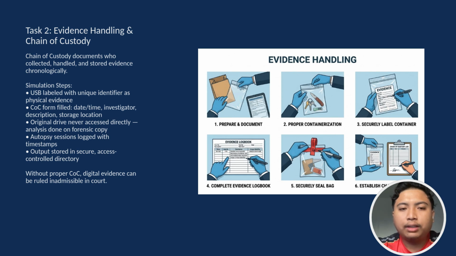A chain of custody form was filled out, including details like date, time, investigator name, and storage location. Importantly, the original USB was never accessed directly. All analysis was done on a forensic copy to avoid altering the evidence.